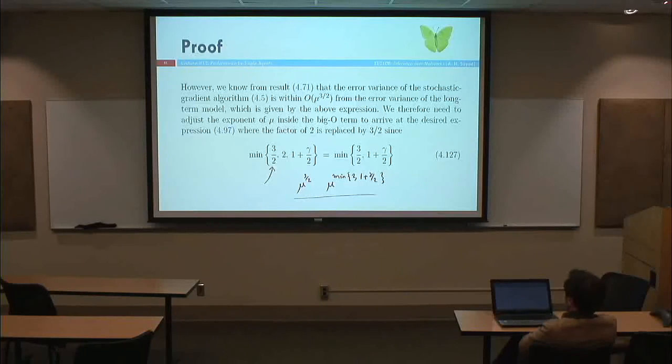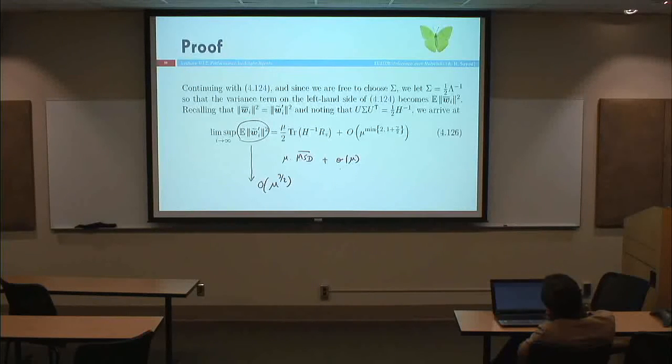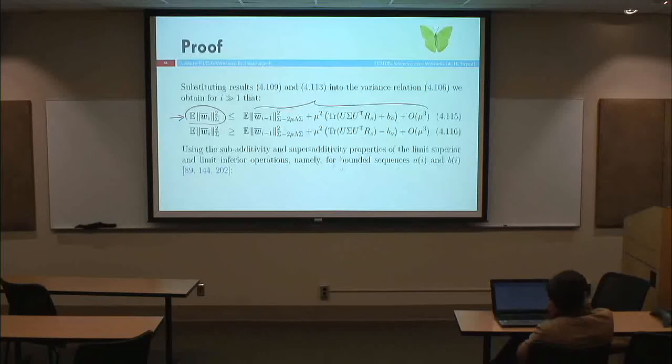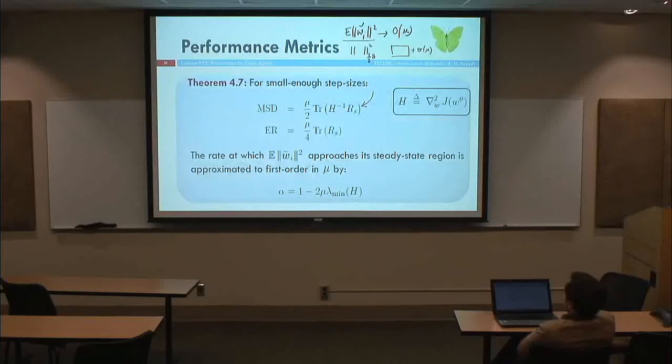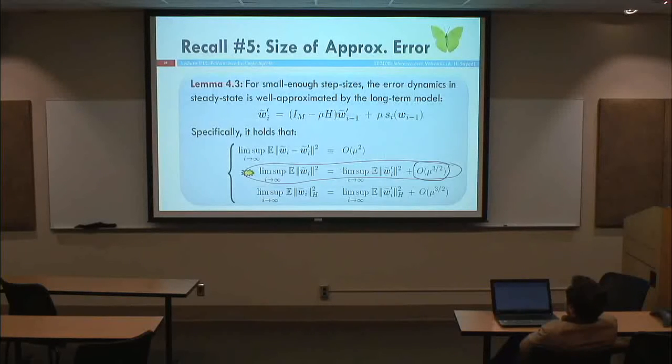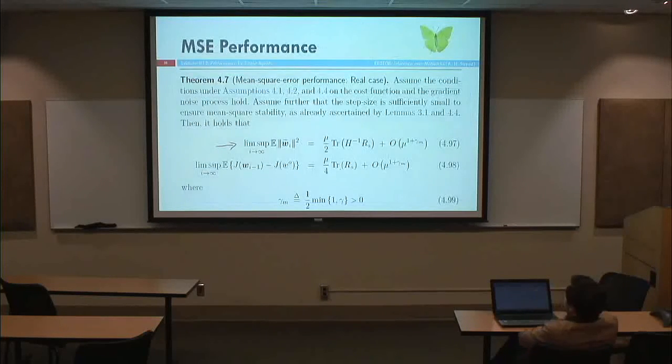And of course, the power of mu that will dominate is given by the smallest among these values. So remember, 3/2, 1 plus gamma over 2. If you go back to the statement of the lemma, that's why I said 1 plus gamma m, and gamma m you see here, so it's 1 plus minimum of 1/2.